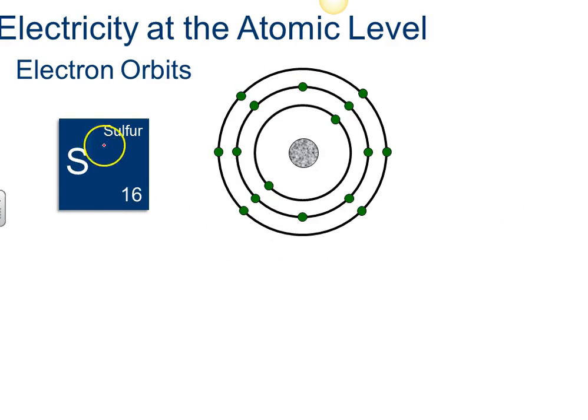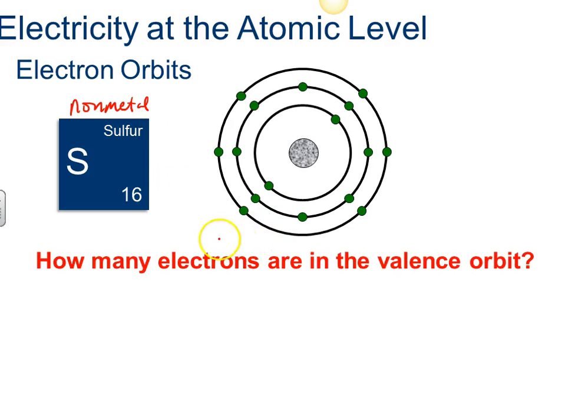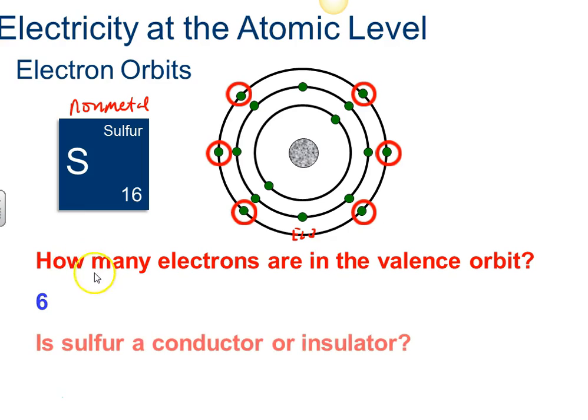Then we have sulfur, which is a nonmetal. And again, we're going to ask the question, how many electrons are in the valence level? The valence level is energy level 3, and we've got 6. So is sulfur a conductor or an insulator?